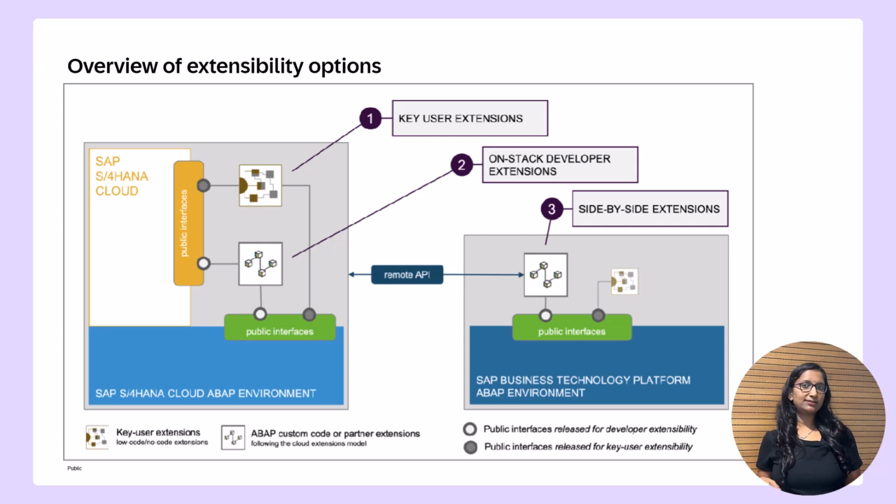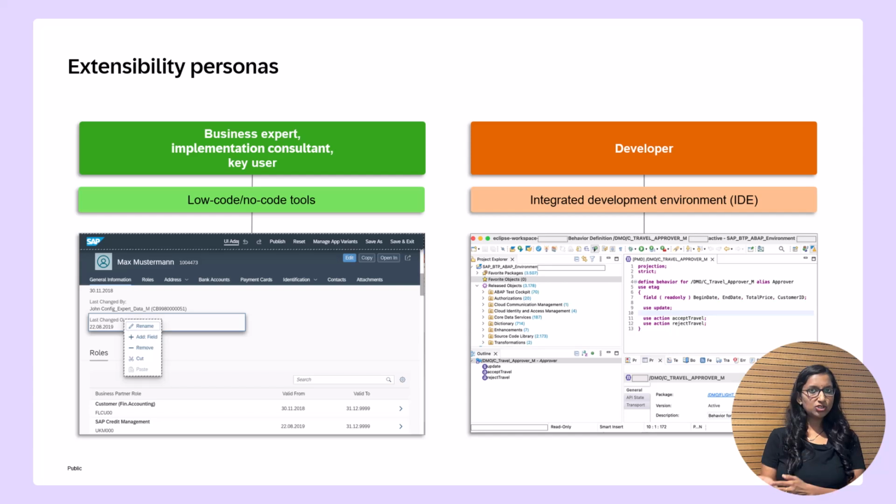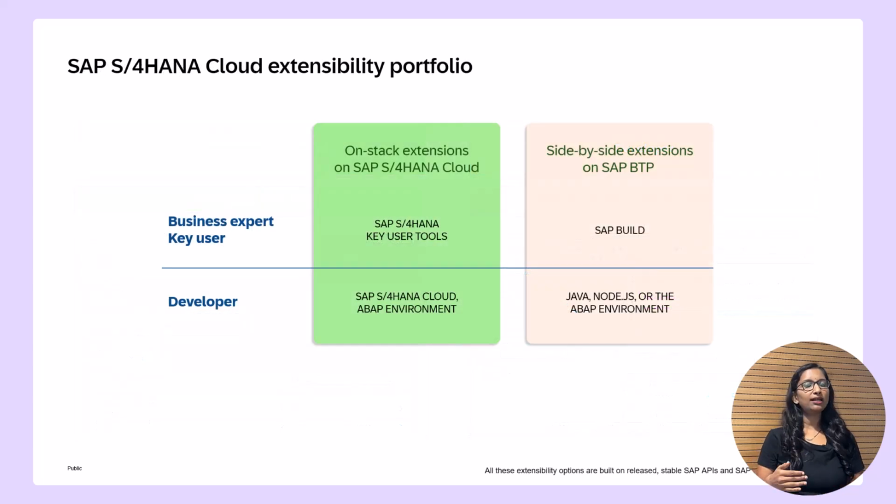All these extensibility options use only SAP APIs and SAP extension points that have been released, and hence it is stable. Key user extensions and on-stack developer extensions have access to local public APIs released by the underlying ABAP platform or SAP S/4HANA Cloud applications.